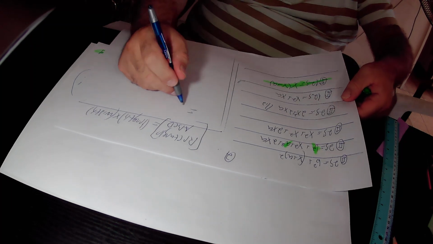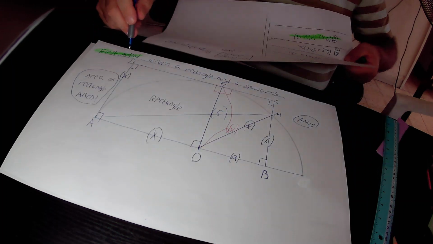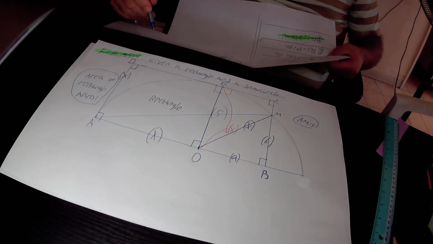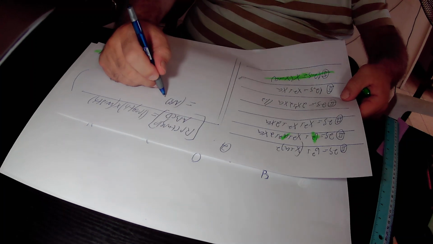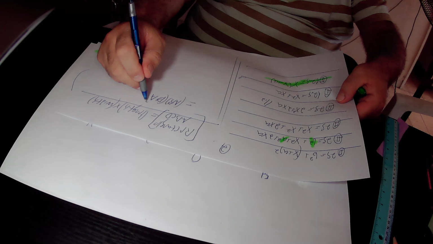The length is AB, times the width, which is DA. So the area of rectangle ABCD must be equal to AB times DA.